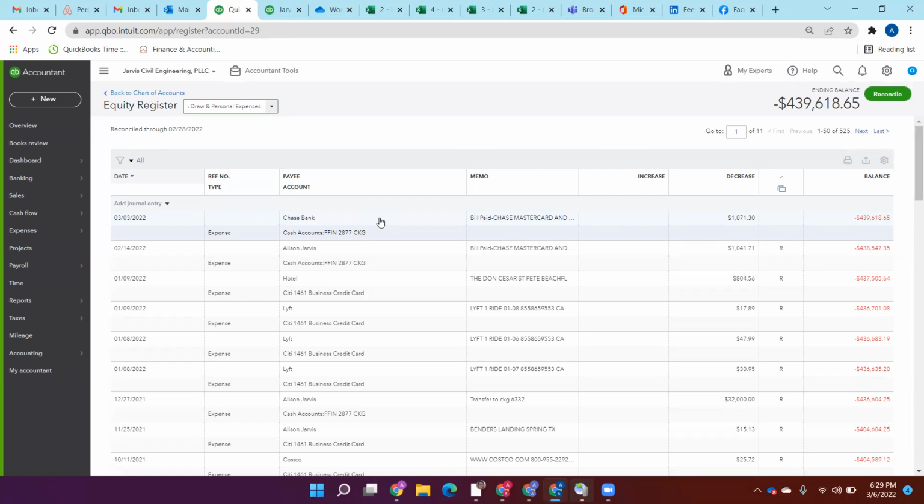Right. I'm kind of surprised to see this much activity going through here. But usually you don't find owners that have their personal credit card tied to their QuickBooks. But I recently got a client that was doing that. I was a little bit surprised.